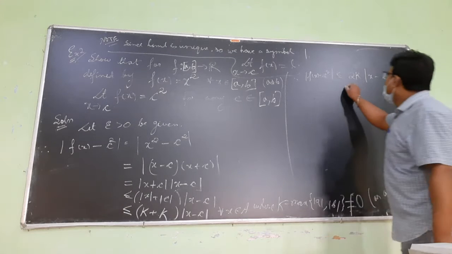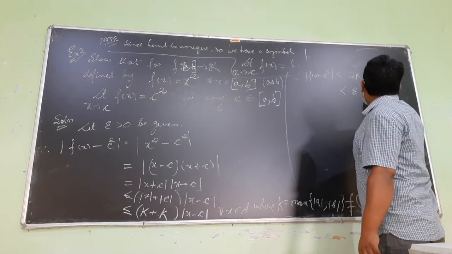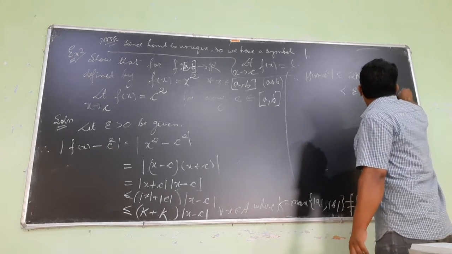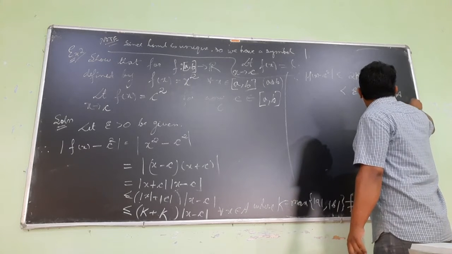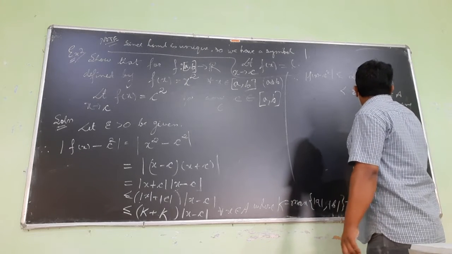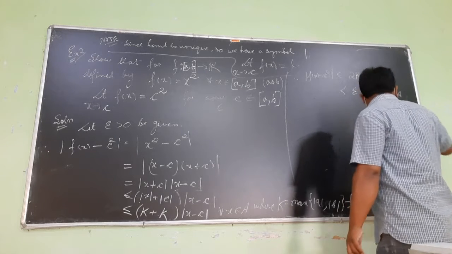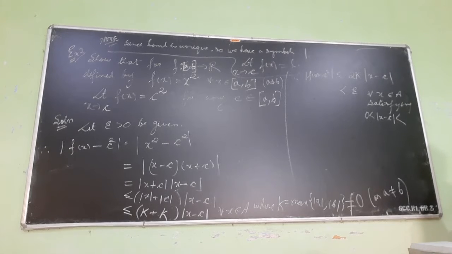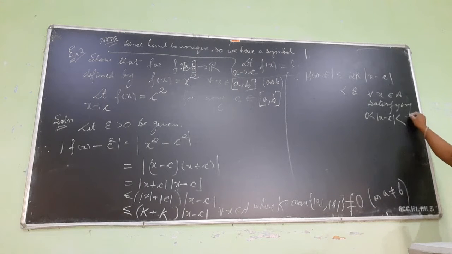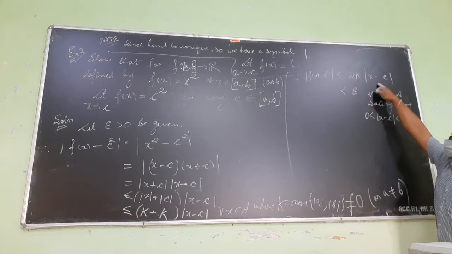So this can be made less than epsilon for all x in A satisfying 0 less than mod of x minus c less than what? Twice k into this is less than epsilon.